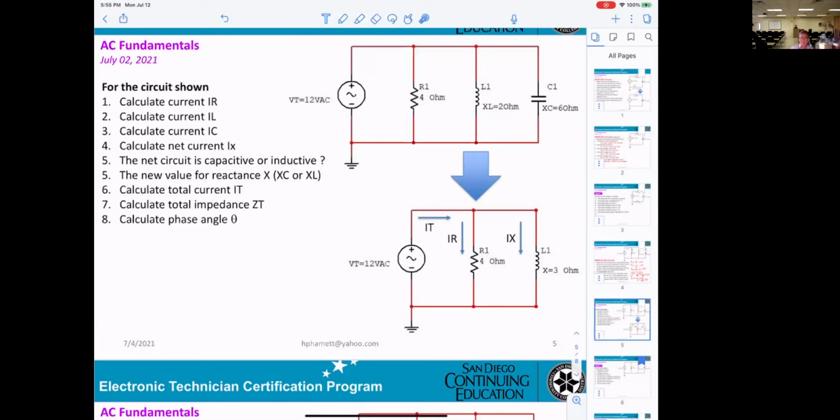That will be everything we're talking about, RCL in series and RCL in parallel. Make sure you understand so you can do the problem.